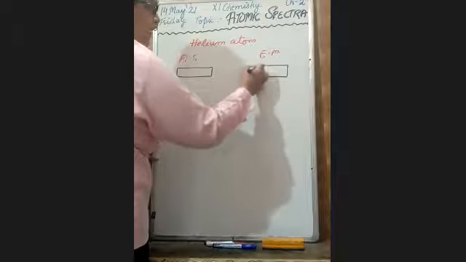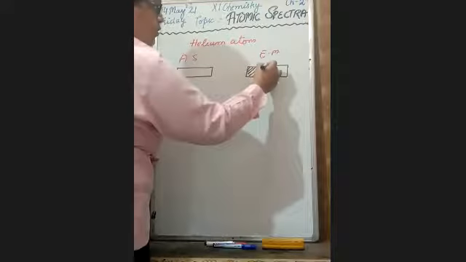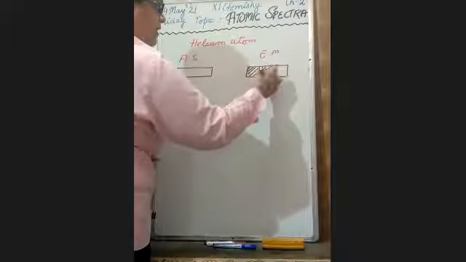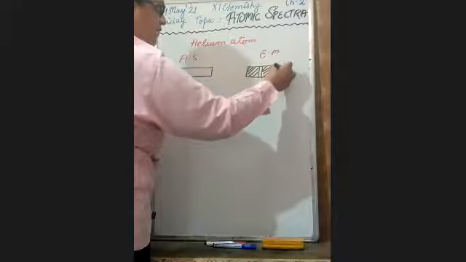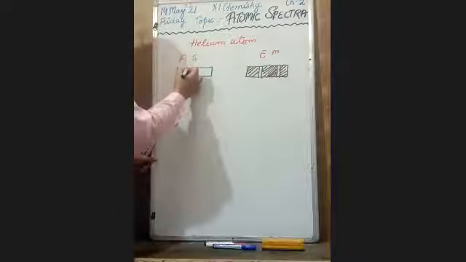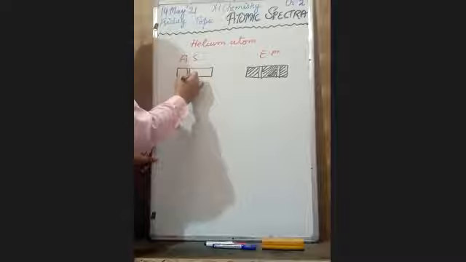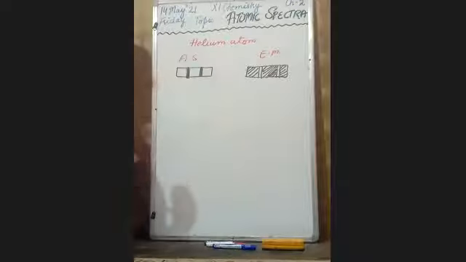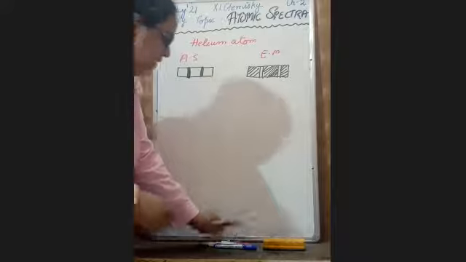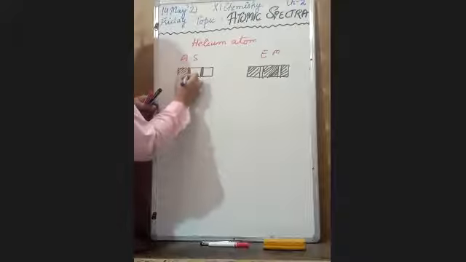In emission spectra, you will see the maximum portion is dark bands and in between the colored bands are present. In absorption spectra, mostly it is colored bands and the rest is dark band.